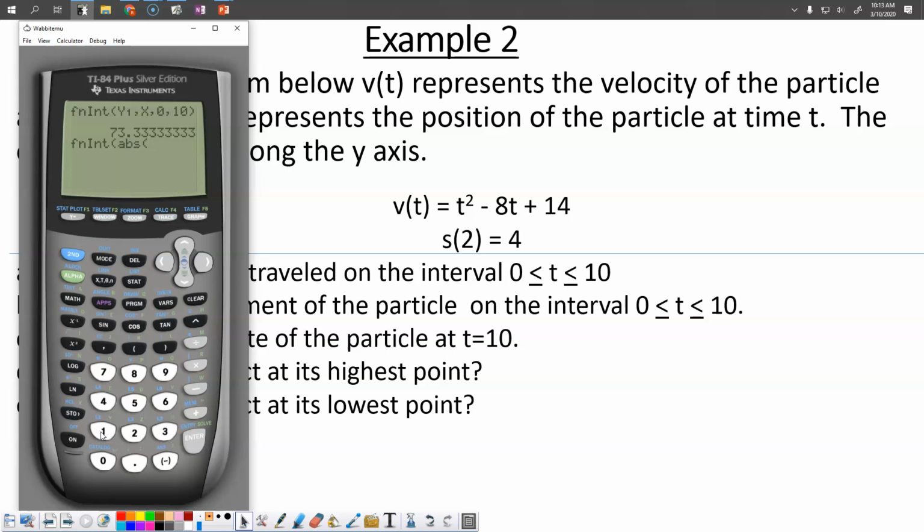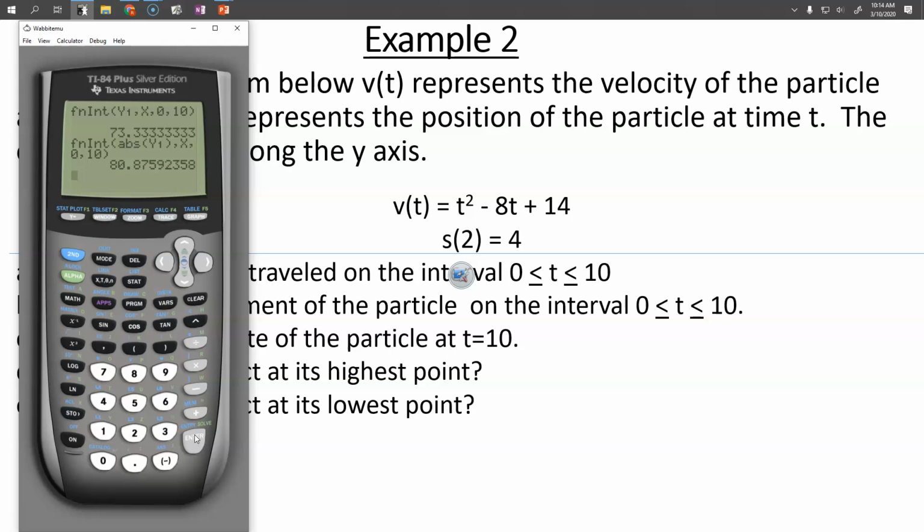Okay, so y1. Close your parentheses on the absolute value. For the fancy ones, we just plug in the integral and put abs in there for the distance problems.